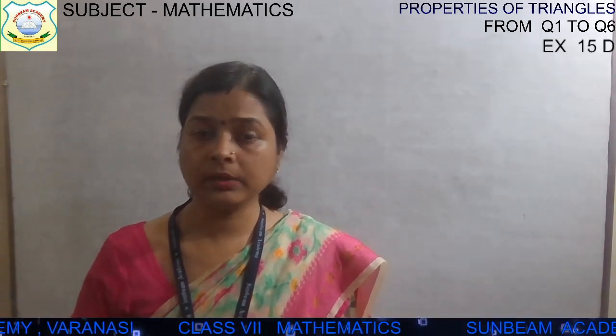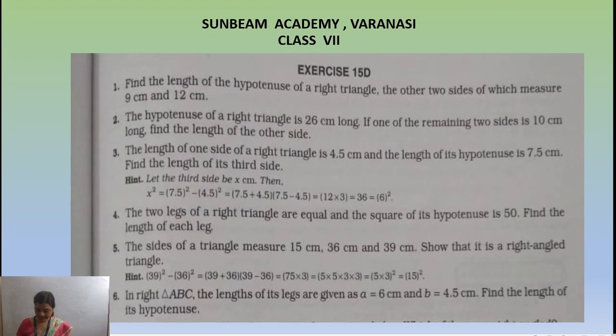Maybe it is perpendicular or base, we don't know. So see the question. I am drawing a rough diagram for it. Hypotenuse is given in this case and we have to find the length.